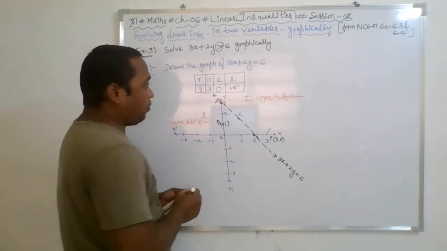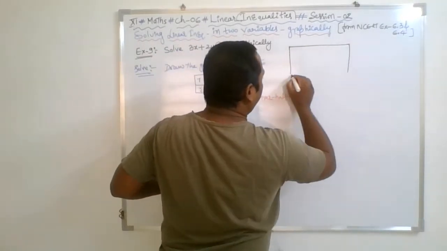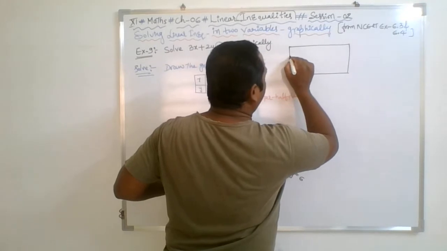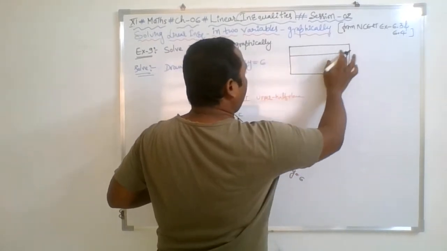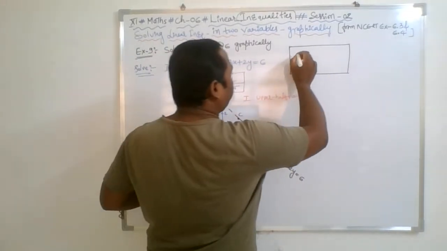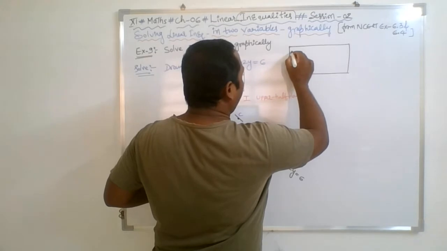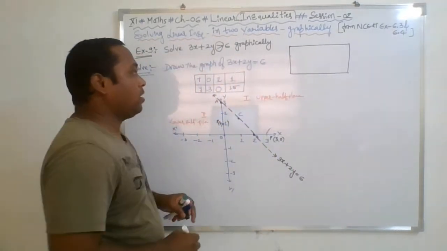Now I'm going to make the observation table here. It always helps you until you decide which half plane will be the solution. I'm taking the point P from the first half plane.